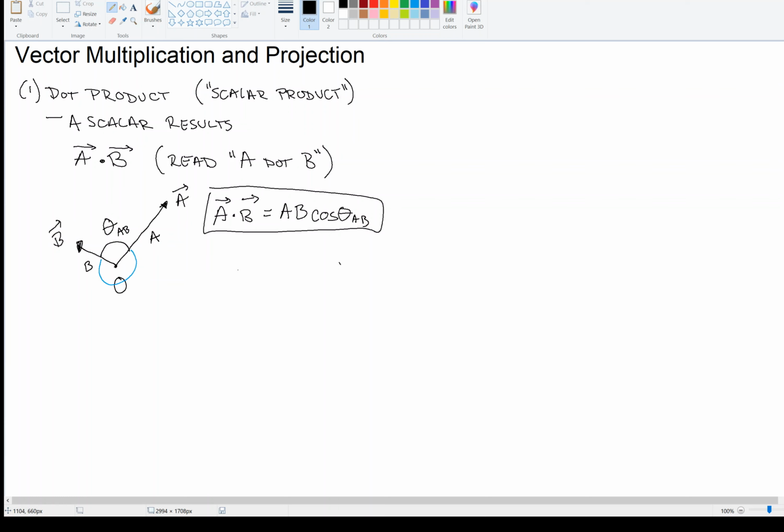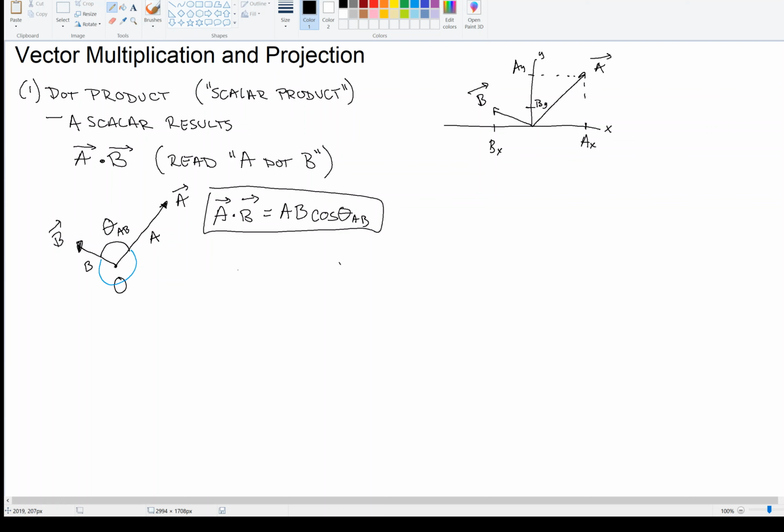So now, because it's easier to draw, let's say that these are two-dimensional. So I have A over here, and I have B like this. Okay, so A has a component in the x direction, Ax, and a component in the y direction, Ay. And B has a component in the x direction and a component in the y direction, like this.